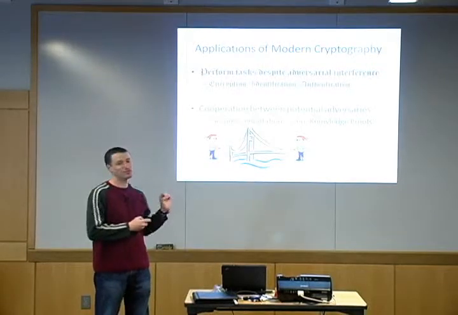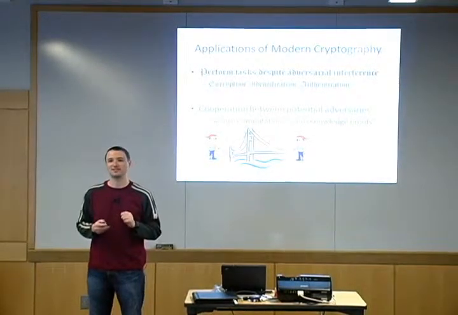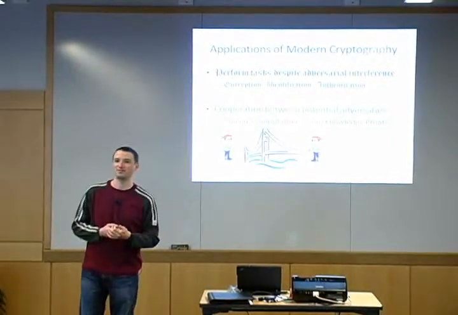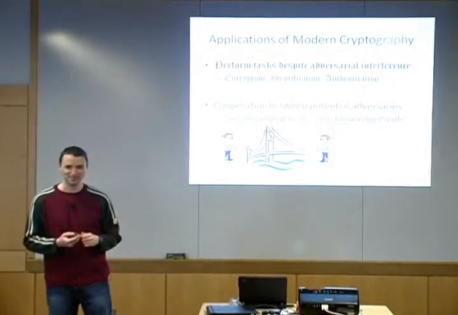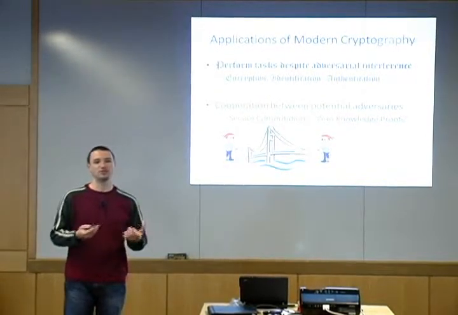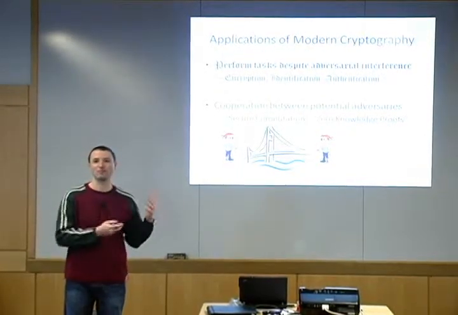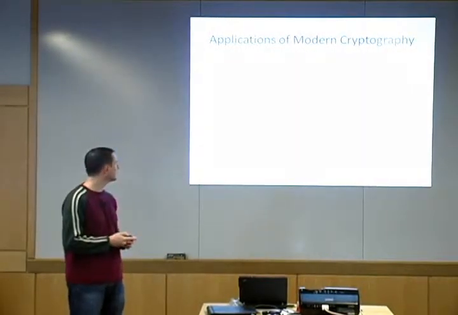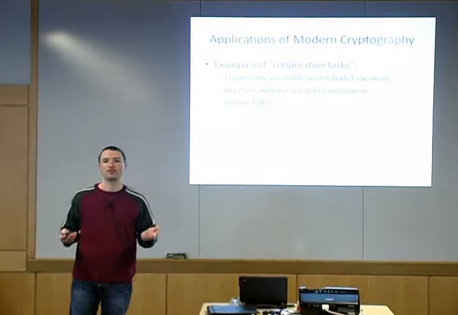So the first type of task is what we might call traditional cryptography. This has been studied for maybe thousands of years. And the second type of task is something that's much newer. This is sort of in the realm of modern cryptography, and this is the type of thing I'm going to talk about today. So what are examples of cooperation tasks?